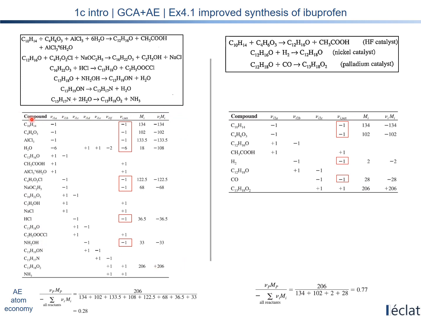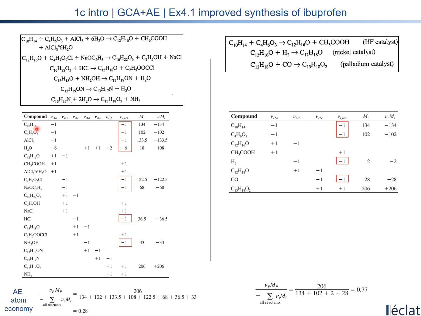In the first column, list all of the chemicals involved in those 6 steps. So all of them here, and the second column has the stoichiometry coefficient for the first reaction, and then the second reaction, third, fourth, fifth, and sixth reactions.